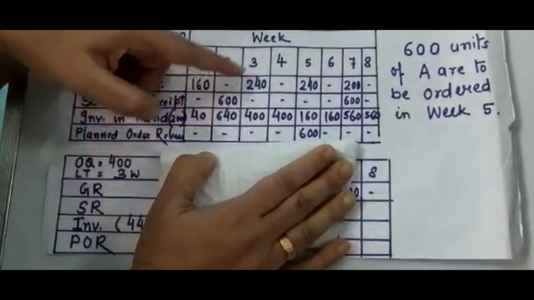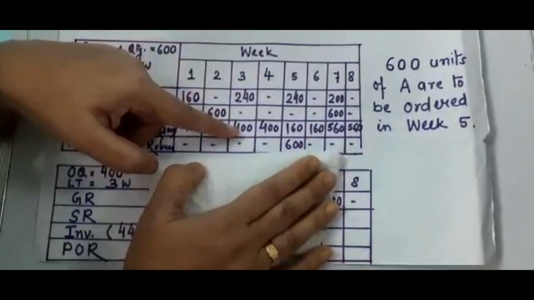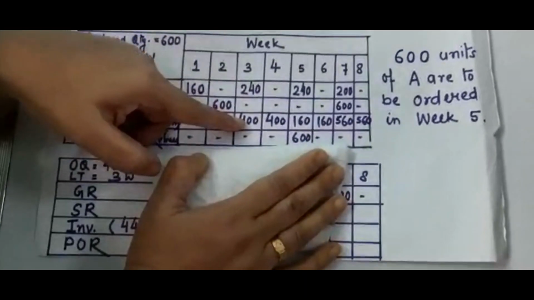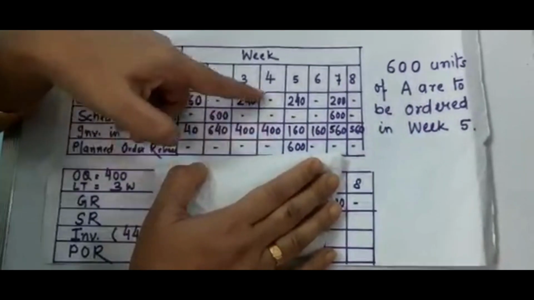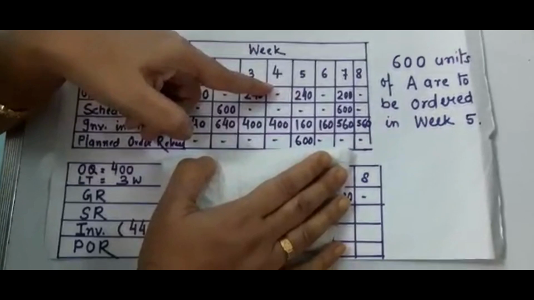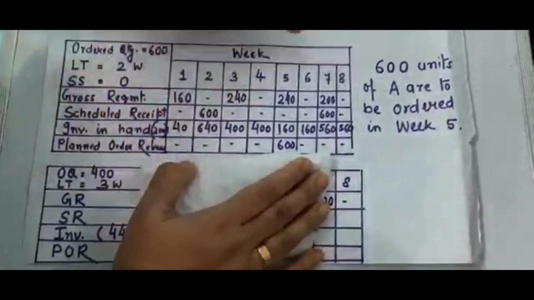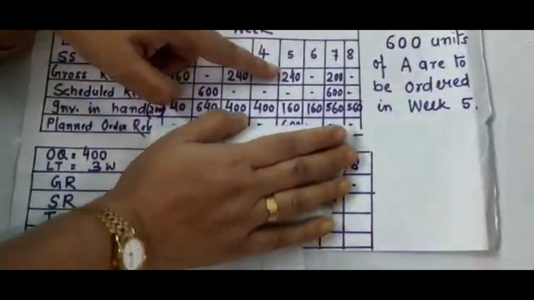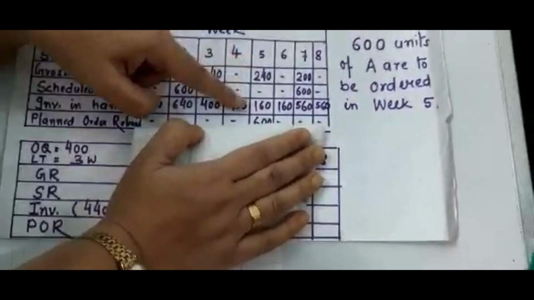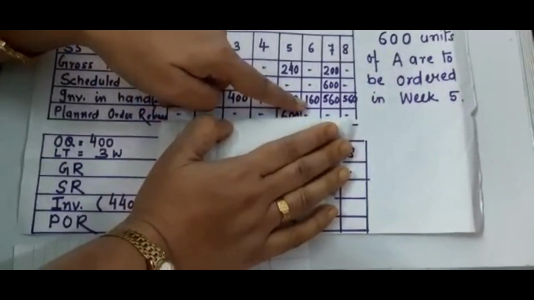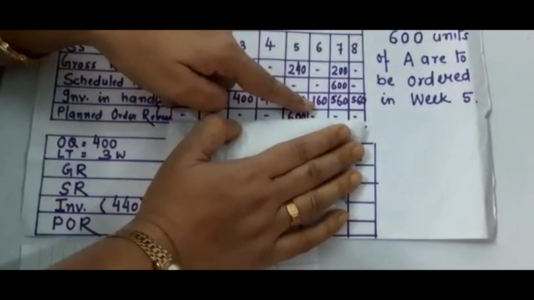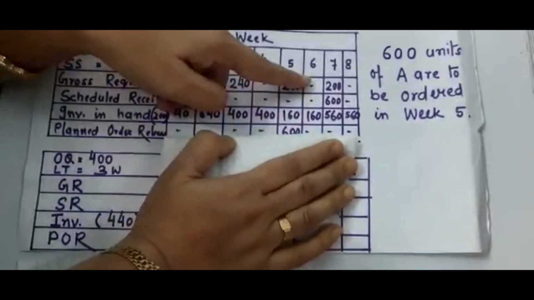So 640 minus 240, 400 inventory I am holding. And that is continuing in the 4th week, because there is no requirement in the 4th week. In the 5th week, my requirement is 240. So 400 minus 240 gives you 160.